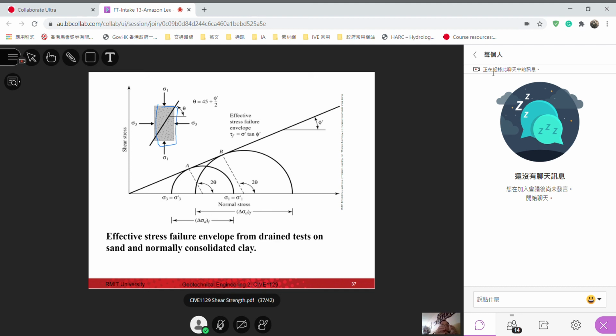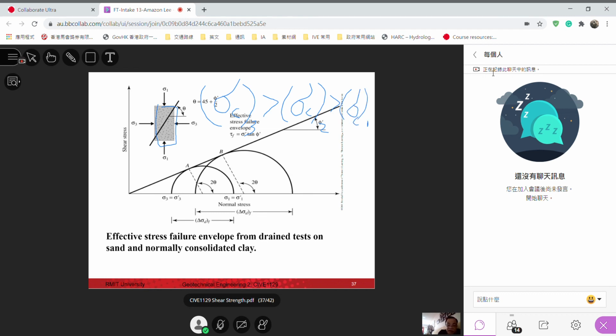One is at a lower confining pressure, the other is at a higher confining pressure, and the other is at an even higher confining pressure. So the confining pressure at the third time is higher than at the second time, which is higher than at the first time.